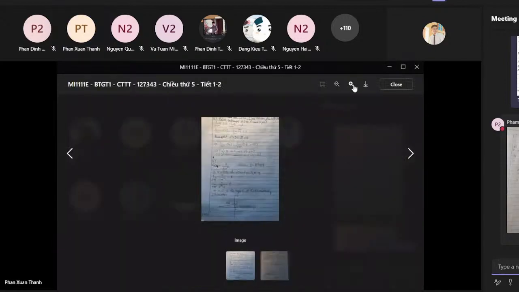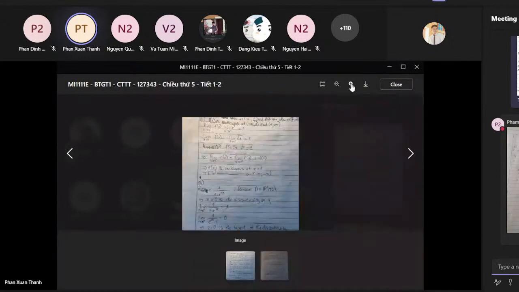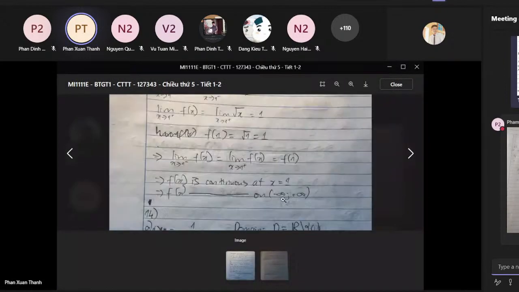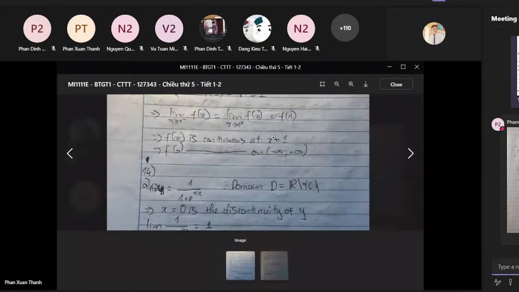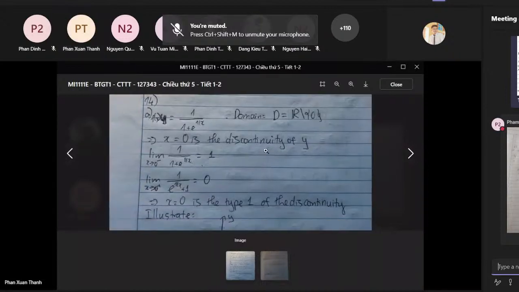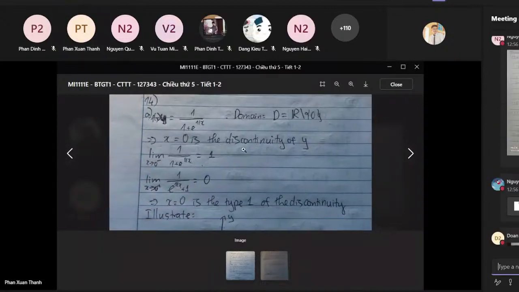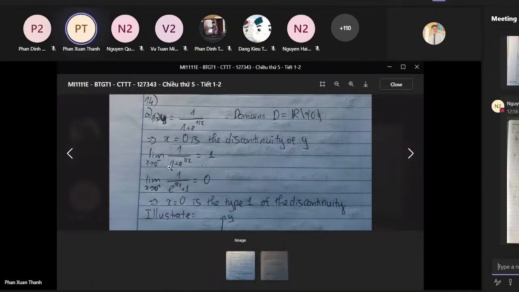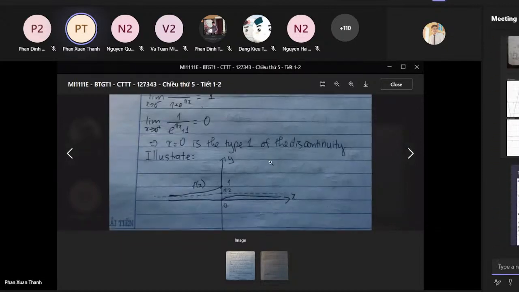Nguyễn Nam Hải. So left hand limit equal number 1 and the right hand limit equal number 0. Okay, so we have the graphing function.